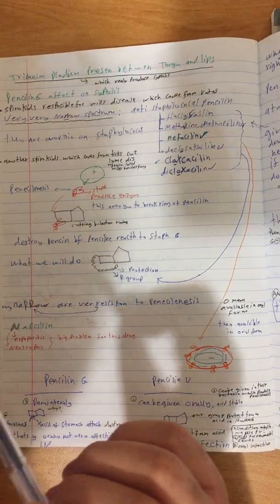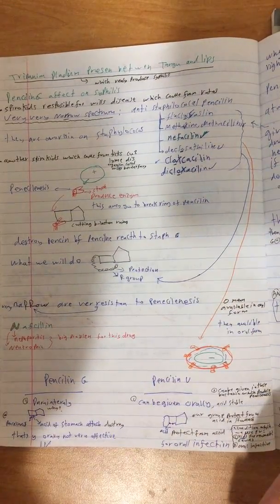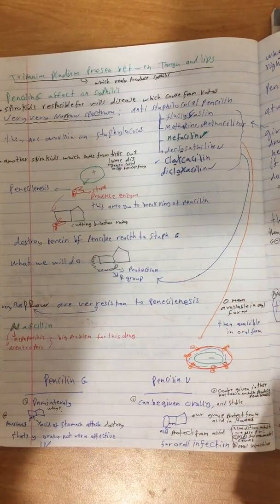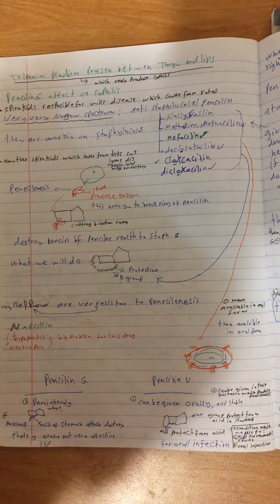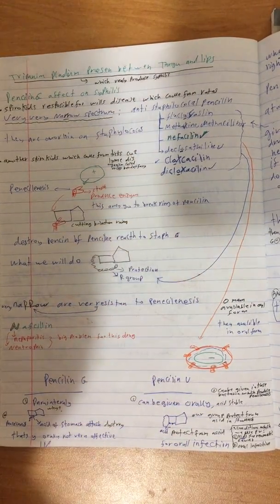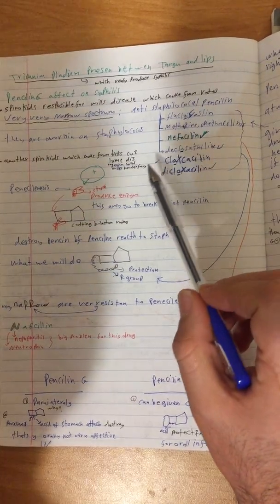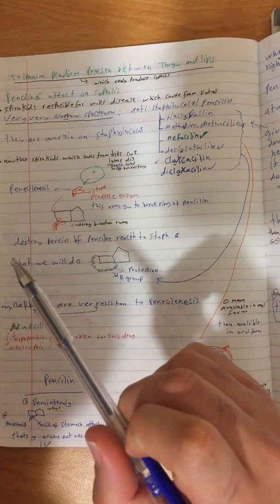Then penicillin tries to attack but fails because of the penicillinase. After that situation, we can move to anti-staphylococcal penicillin.